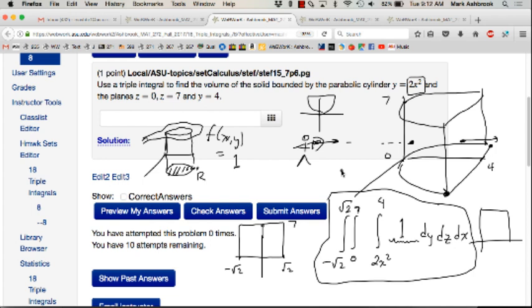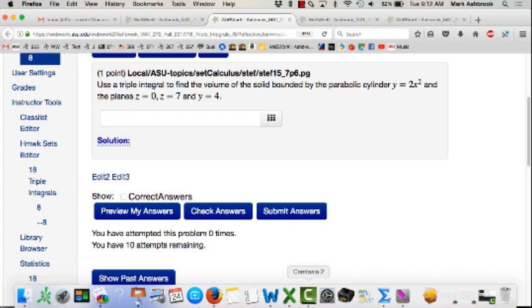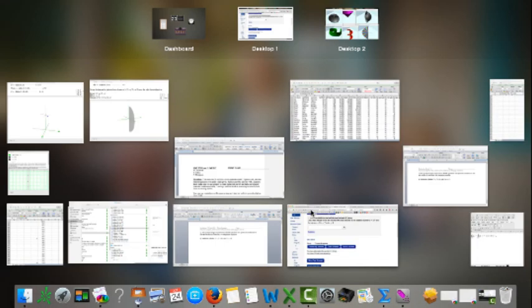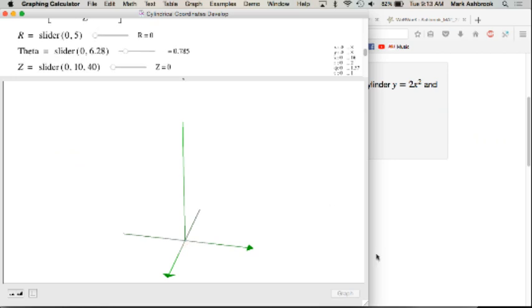All right, so we want to talk about more triple integrals, but in some new coordinate systems. So the first is what's called cylindrical coordinates.